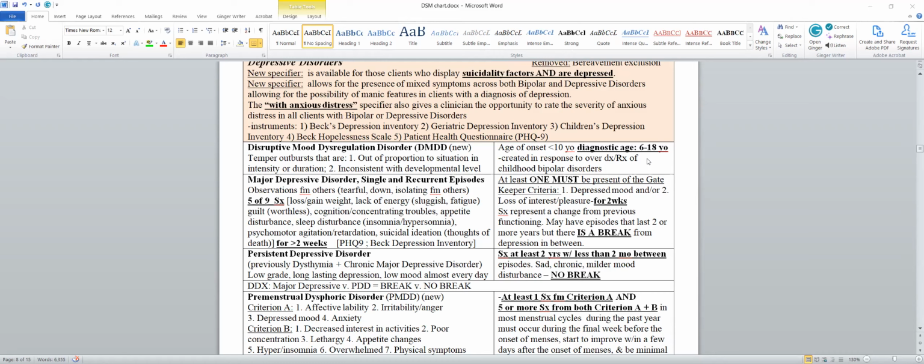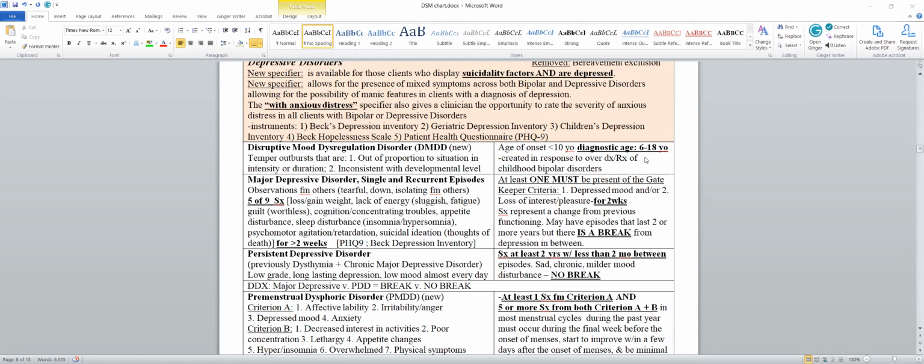Major depressive disorder, single and recurrent episodes. Observations from others are included, such as observing someone who is tearful, down, and isolating from others.